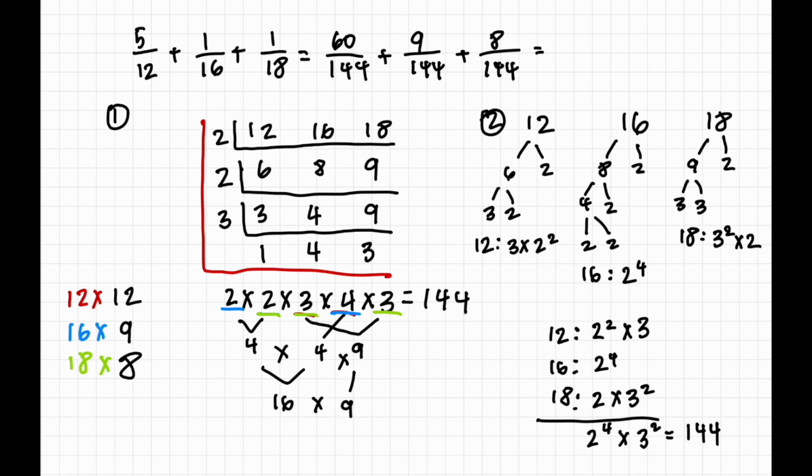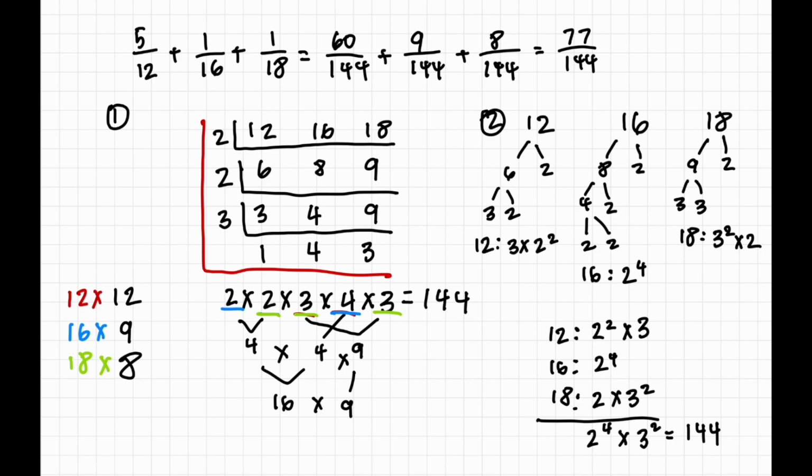So we would do 60 plus 9 plus 8 equals 72. Wait, are you sure? 77. 77 over 144. Can we simplify that? Nope. Okay, so we have our answer.